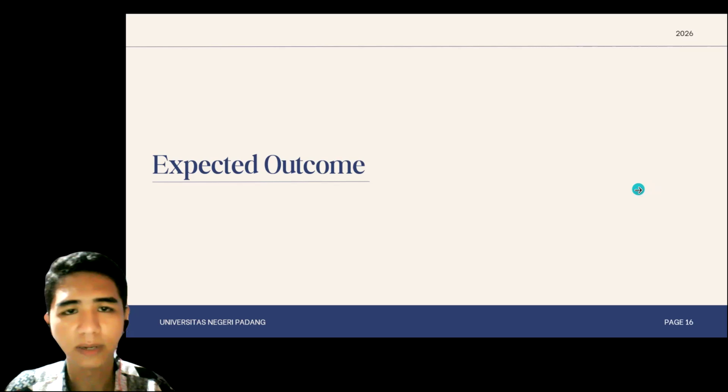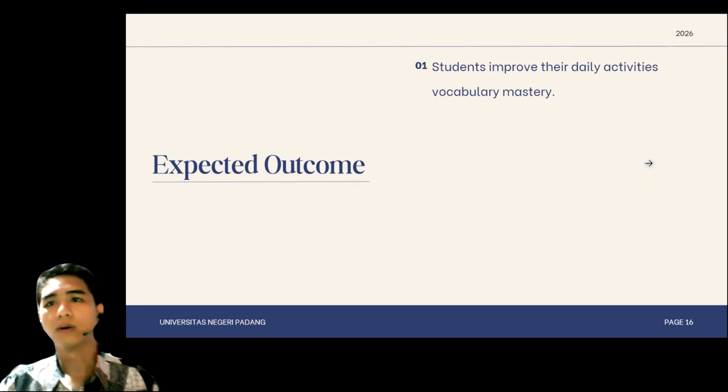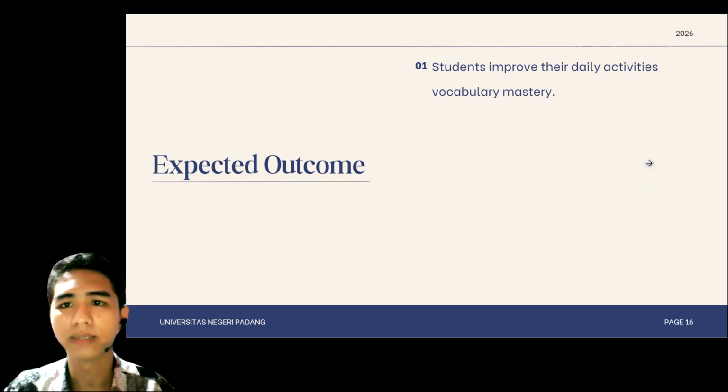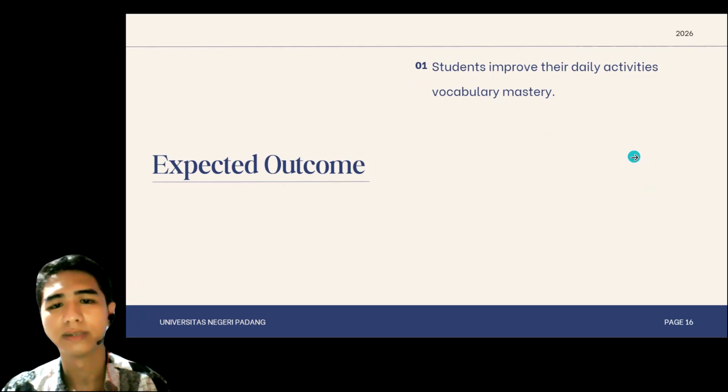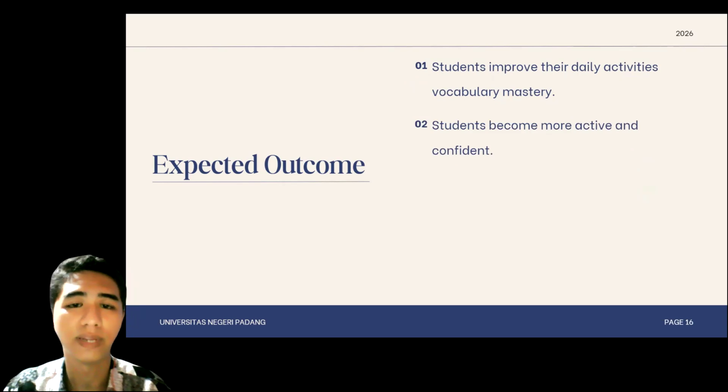I have expected outcomes for this strategy. First, students improve their daily activity vocabulary mastery. I hope students can improve specifically in daily activities vocabulary mastery. Second, students become more active and confident.